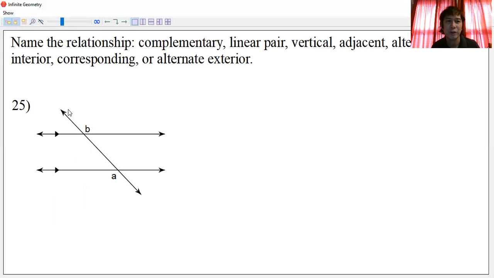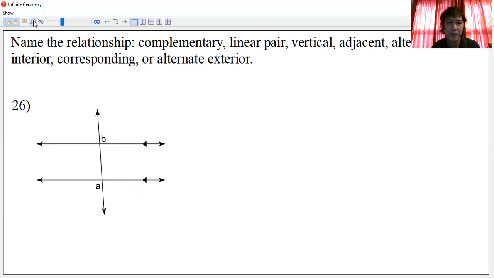Next. Okay, two angles on different sides of the transversal, and they're both exterior. Okay, so alternate exterior there. Next, alternate exterior again. Two angles that are exterior on different sides of the transversal. Exterior if the angles are here or here.